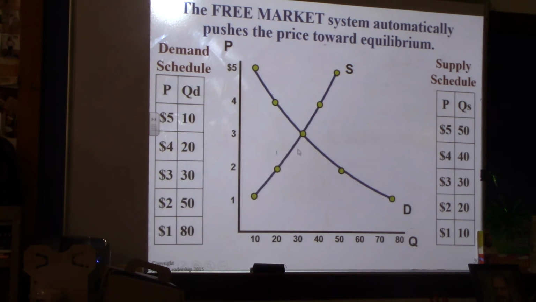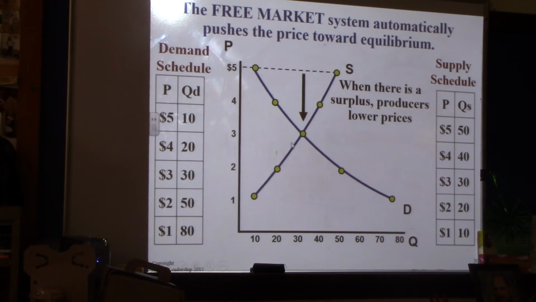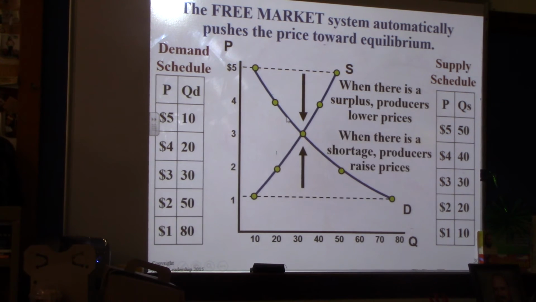So the market will fluctuate between shortages and surpluses, but hopefully balance out and stay at equilibrium. When there's a surplus, producers lower prices. When there's a shortage, producers will raise prices.